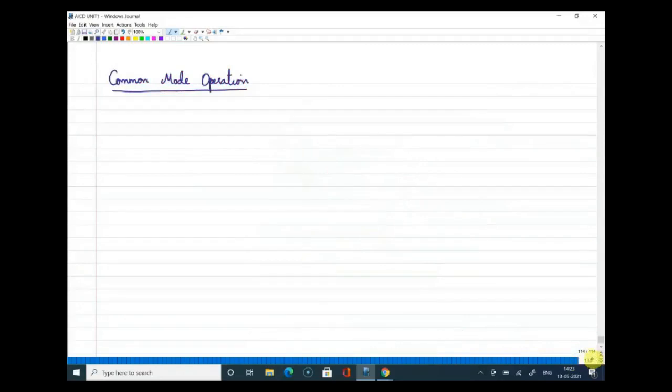Now, we will continue our discussion by seeing what is meant by common mode operation of a differential amplifier, and then we will come to the small signal analysis of a differential amplifier, because the whole idea of bringing this differential amplifier is that the circuit is robust for noise, especially the noise which is appearing in common to the input terminals. That is what we are going to see.